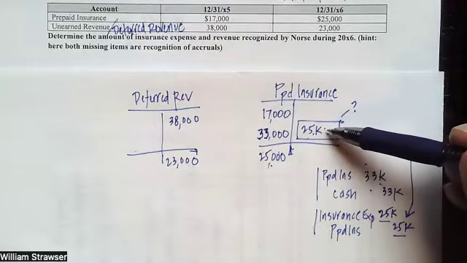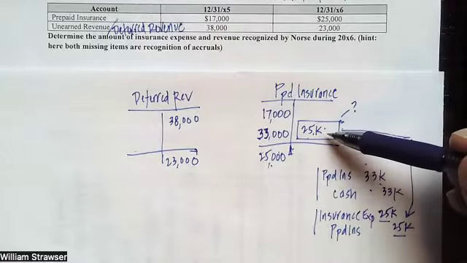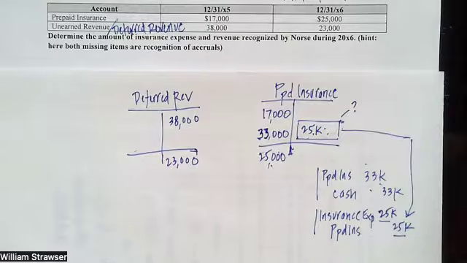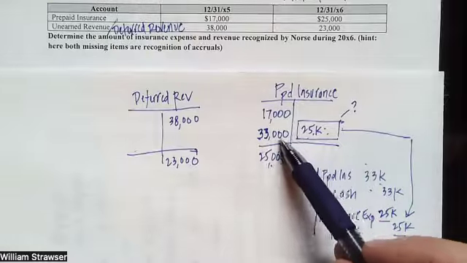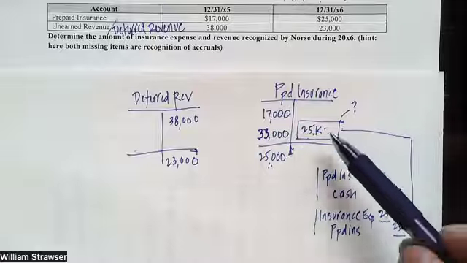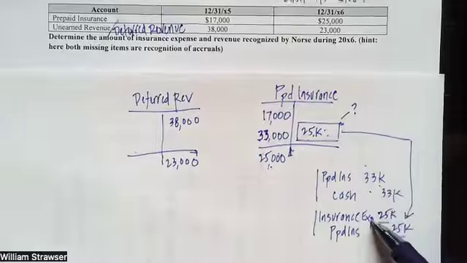So the accrual side is the credit side of this account. Not every account will have a strict rule: when cash affects it, it's on this side; when accruals affect it, it's on that side. But some of our most common accounts do just that, right? So we have both cash and accrual information affecting this account.